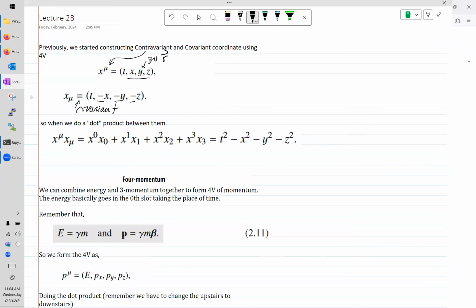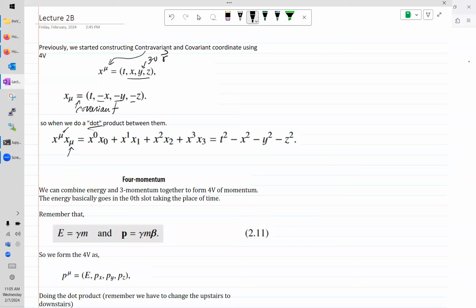So the main idea is that the signs between the spatial and the time components are opposite each other whenever you go from a contravariant to a covariant. And this allows you to do a dot product where you have x mu with the index upstairs, and then x mu with the index downstairs.